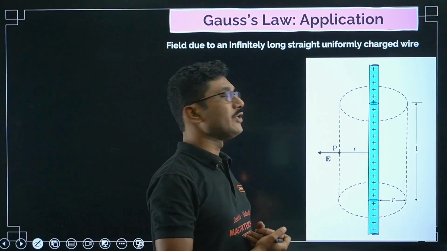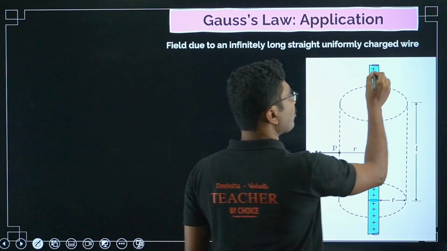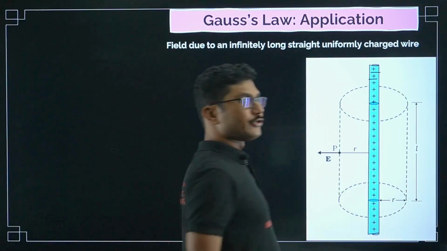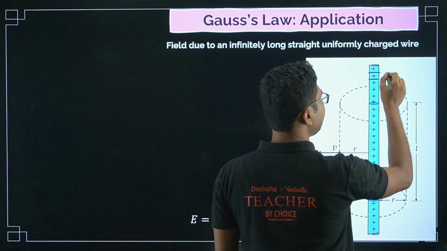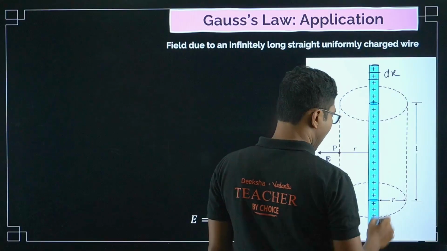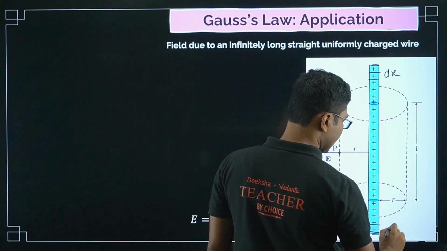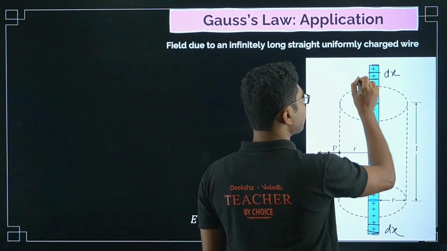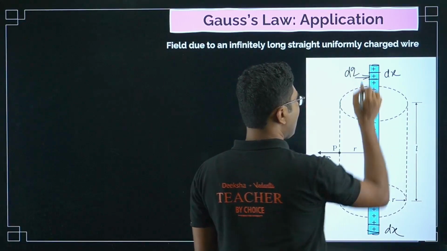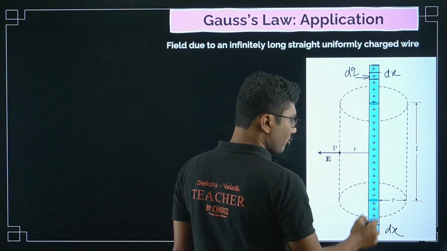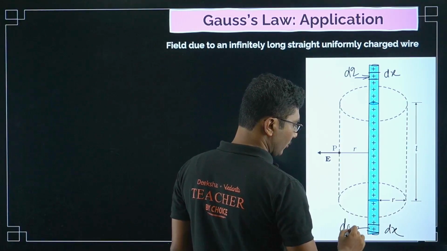What is the meaning of uniformly? So if you take any portion from it, say suppose you take a small portion, say dx from here, and you take the same portion dx from here. Suppose the charge on this is dq, then the charge on this portion will also be dq.